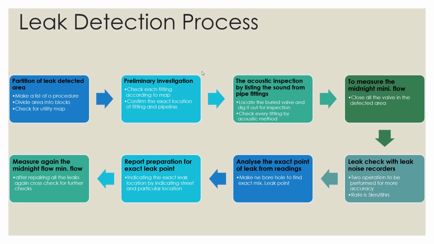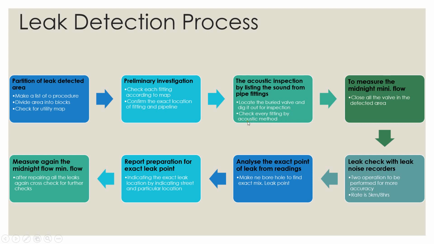Third step is the acoustic inspection, by listening to the sound from the pipe fittings. Acoustic inspection is one of the methods to identify a leak, which we will see afterwards. It means using equipment or instruments to identify leaks in each and every pipeline. Locate the buried valves and dig them out for inspection.